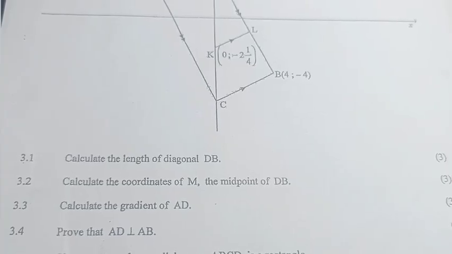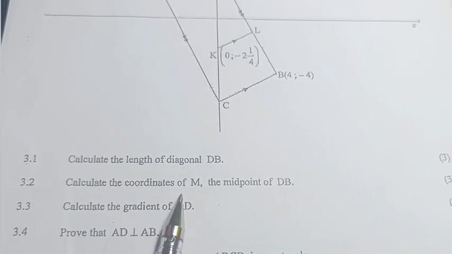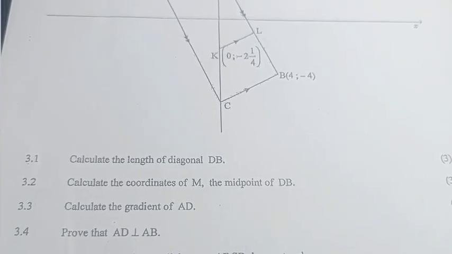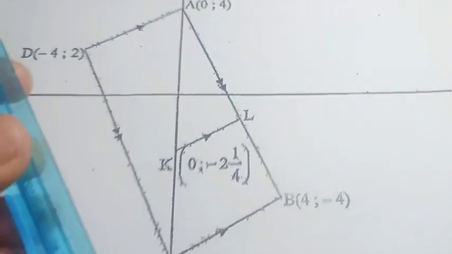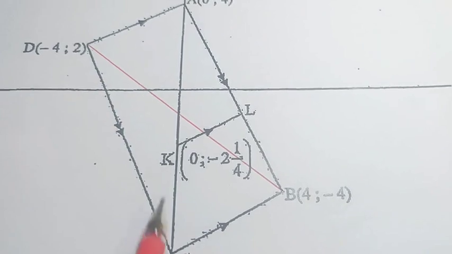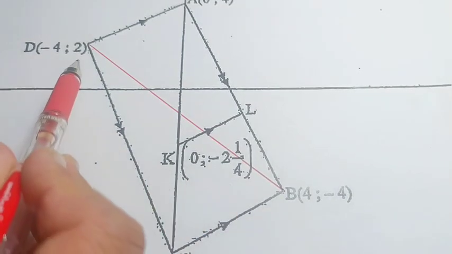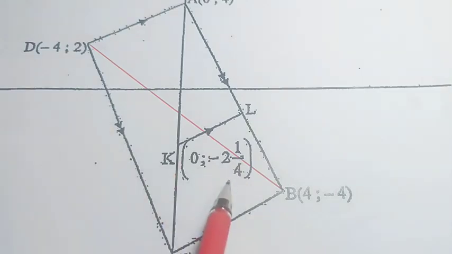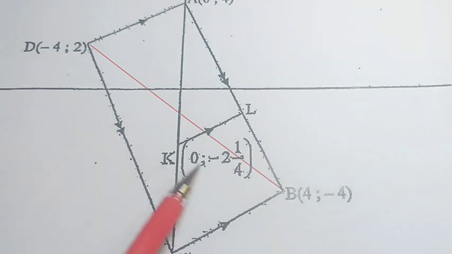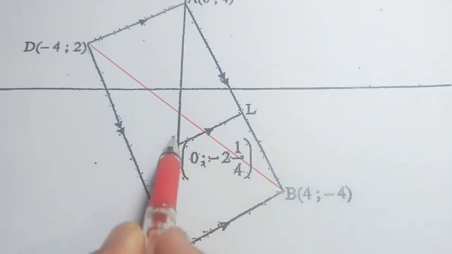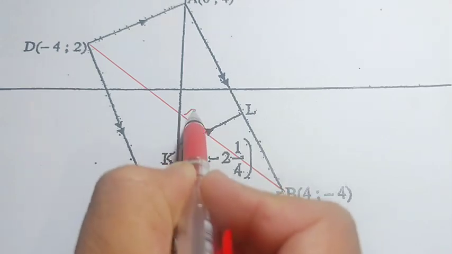Second question: calculate the coordinates of M, the midpoint of DB. Remember the diagonal DB. Let me draw the diagonal for you here. We already found the length of DB, and now he asks for the midpoint of BD, which is M. So M is going to be in the center here.